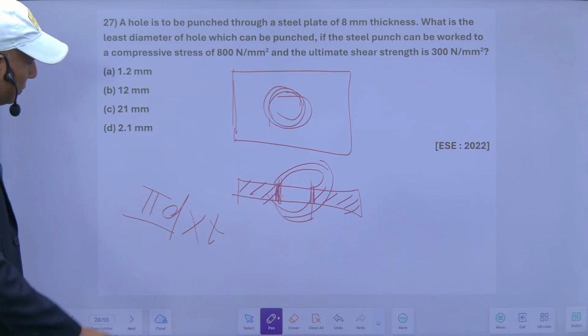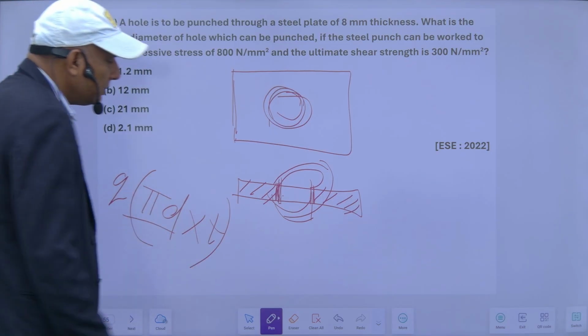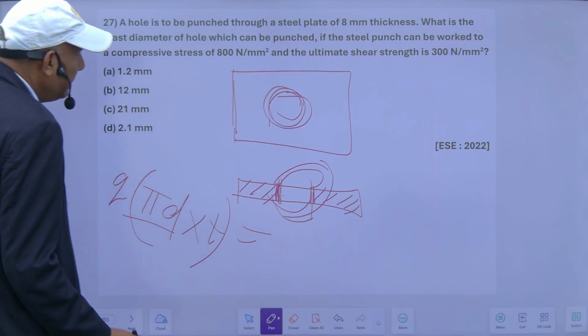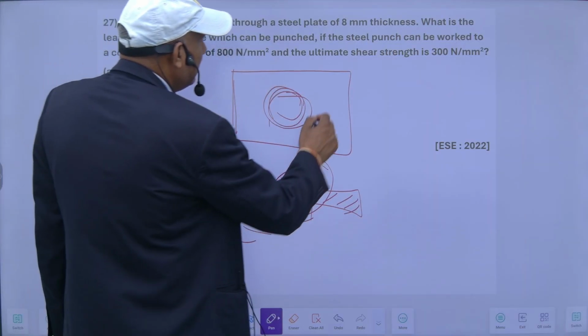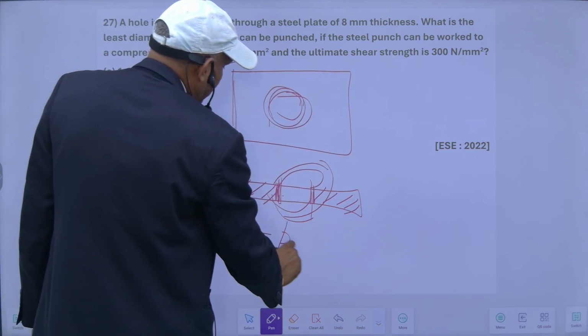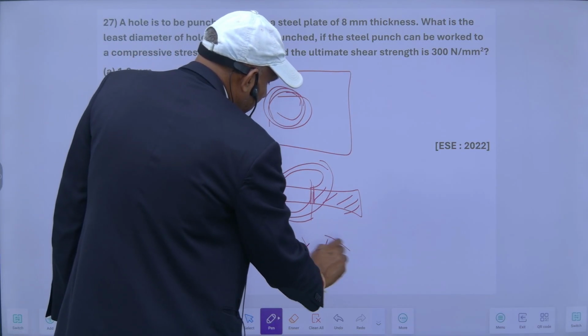This is the area into shear stress. Suppose this is Q. This shear force should be equal to the compressive force which we are applying during punching. So compressive force means compressive stress into its area of cross section. This is pi by 4 d square.